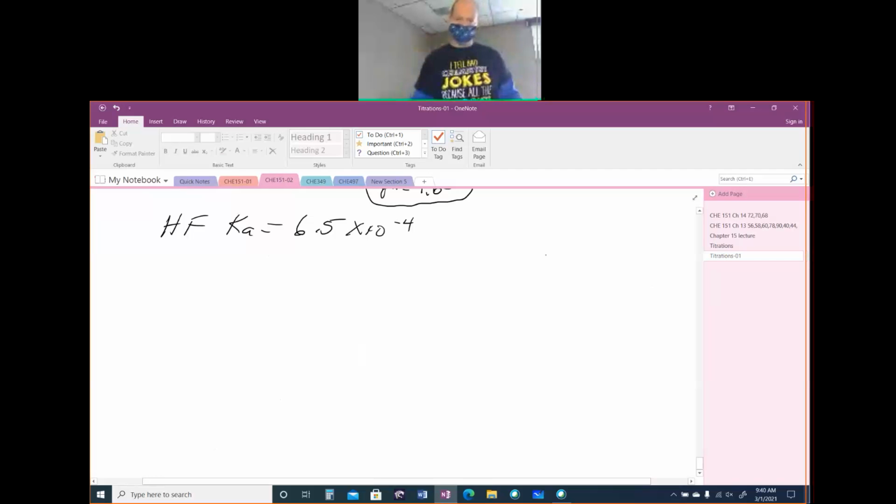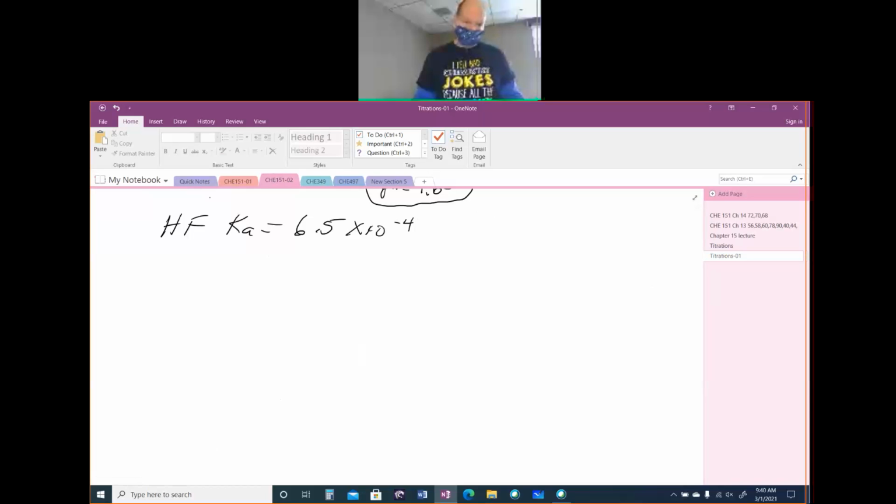You will never have to get a Ka at a different temperature. They're all at 25 off of your chart. But if the Ka doesn't match the chart, that just means that this problem was done at a different temperature. So when you're solving, you can't just look at the chart and say there's my Ka, because the problem could be at a different temperature.